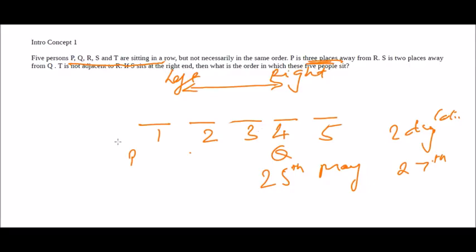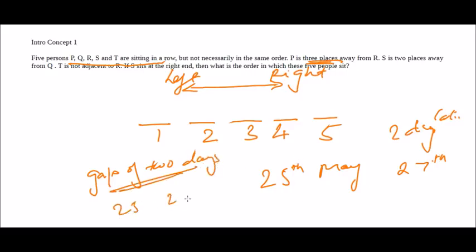On the other hand, if I say that meet me after a gap of 2 days, today is 25th, you have 26, 27, 28. You'll leave these two and you'll meet me on 28th. A lot of people make mistakes between 3 places away and a gap of 3 days or 2 days or something like that.